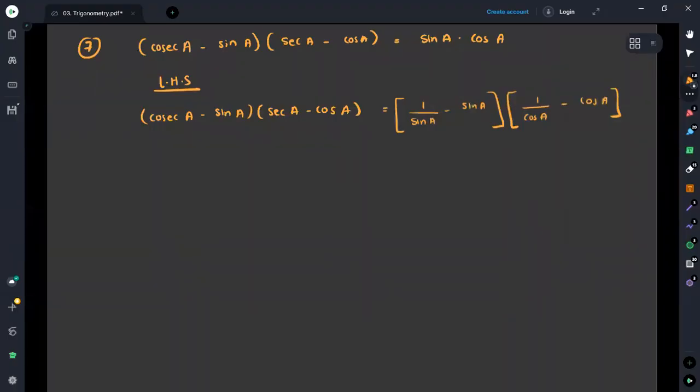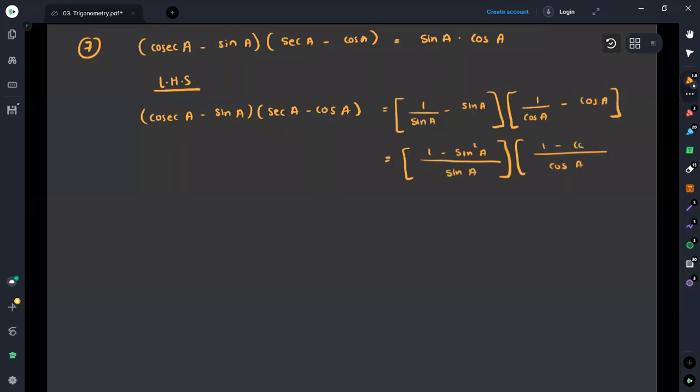You see about this calculation and solving this by taking the common denominator, as I mentioned previously. For the first part, we have taken it with the sine A, then 1 minus sine squared A is taken here, then cosine is considered.